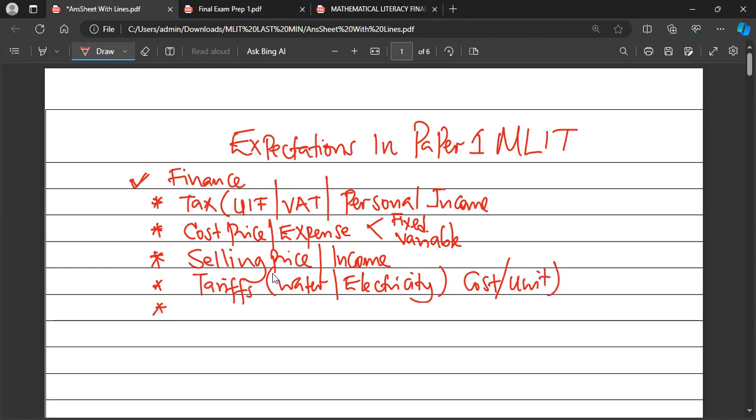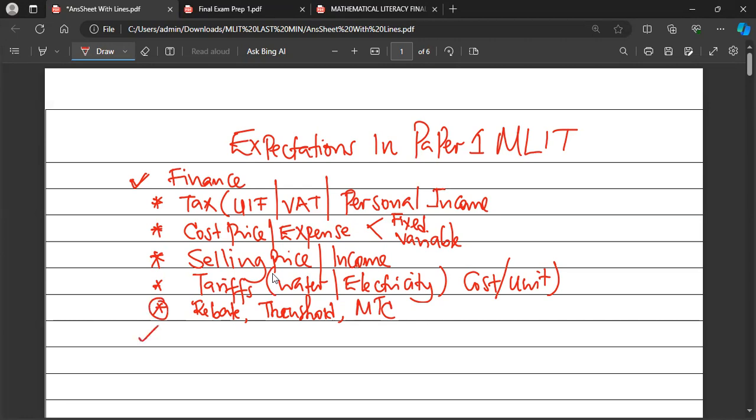Under finance, we also expect to see taxation in broad, which is personal income, whereby we look at the mention of rebates, we look at the thresholds, and we look at medical tax credits. This is taxation in broad, personal tax, personal income.